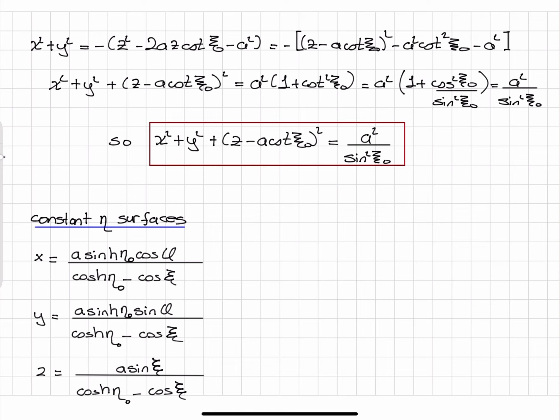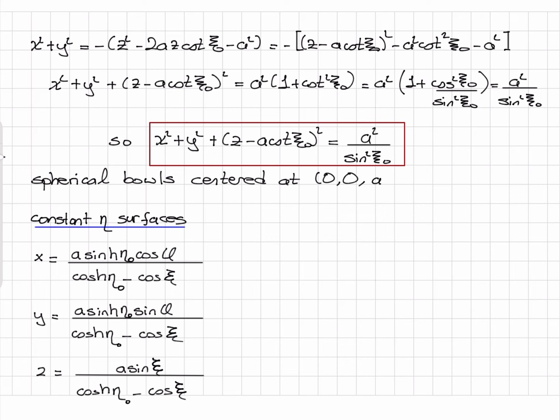So we can basically identify this as a spherical bowl. These bowls are centered at x equals 0, y equals 0, z is equal to a cotangent psi 0, and they have radius a divided by sine psi 0. So this is how we identify constant psi surfaces.